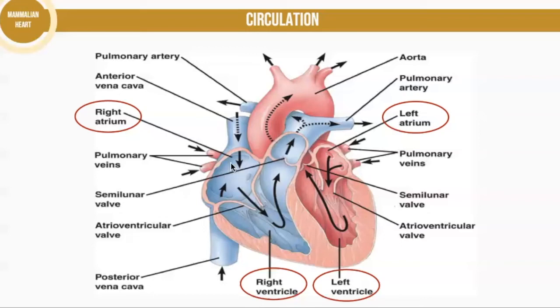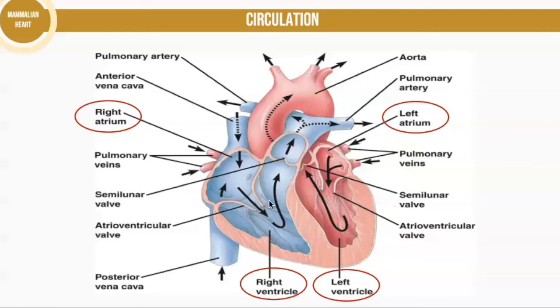So from the right atrium, blood will then move to the right ventricle, to this lower chamber. So to prevent the backflow of blood back to the right atrium, we have a right atrioventricular valve, or the tricuspid valve.